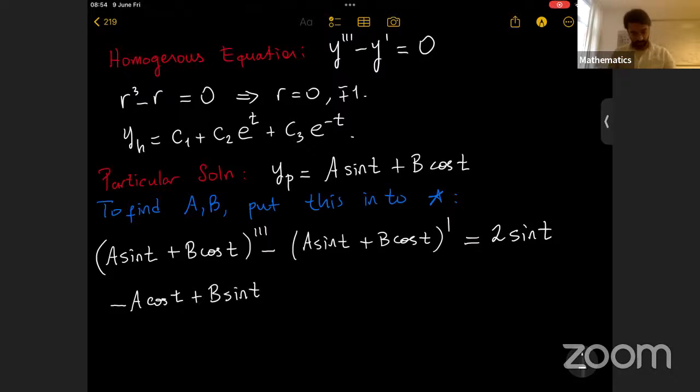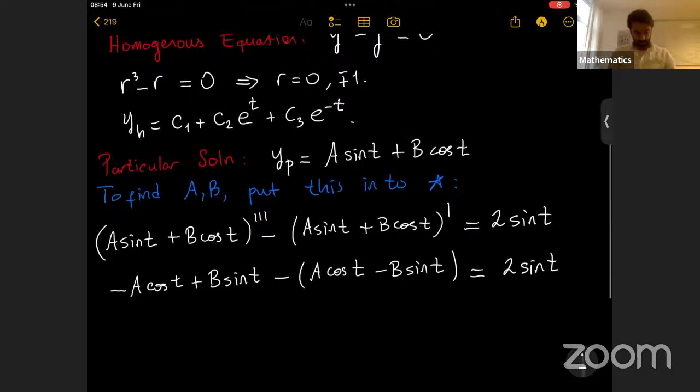This is the third derivative of the first particular solution, minus a times cosine t minus b times sine t. This must be equal to 2 times sine t.